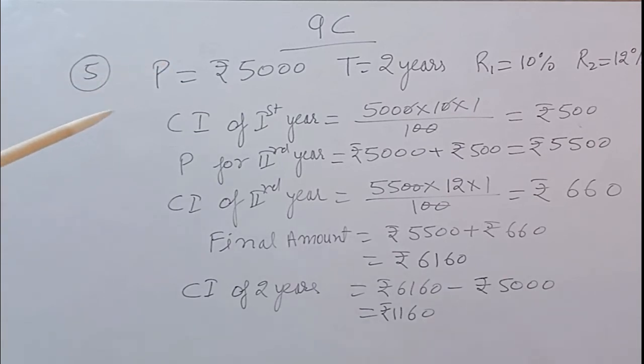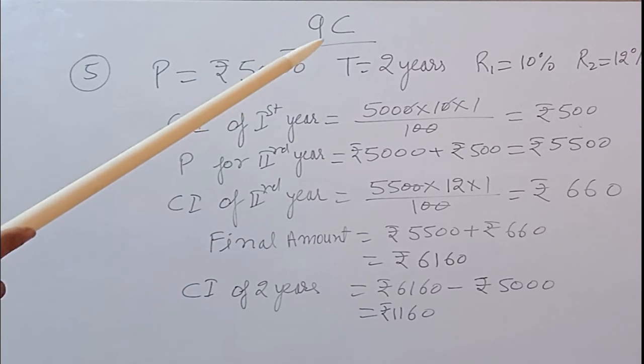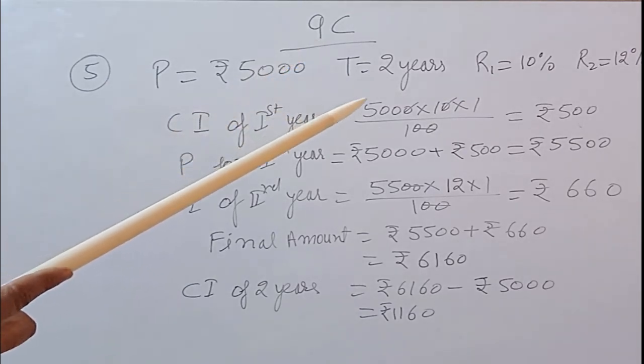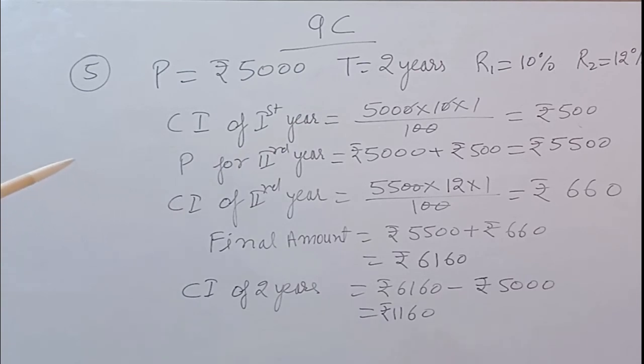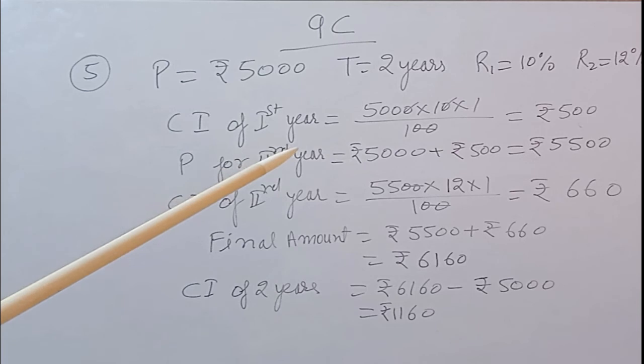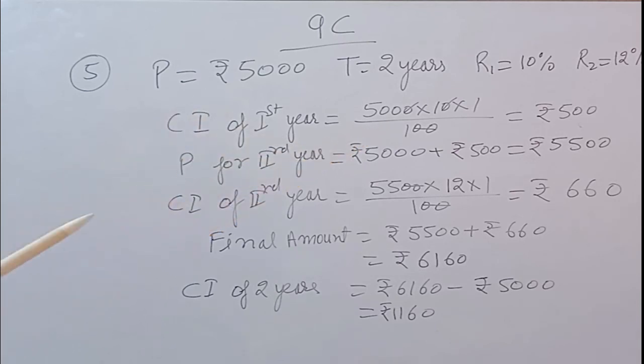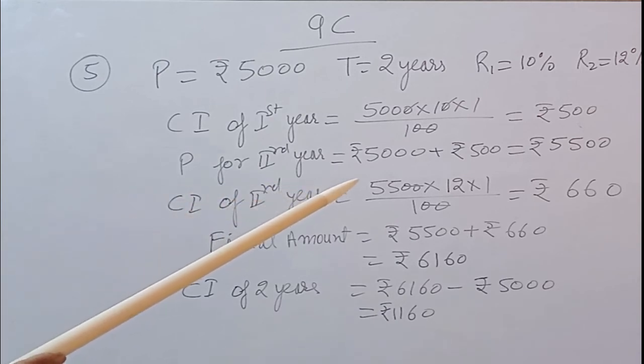So CI for the first year equal to 5,000 into 10, as the rate of interest for the first year is 10. So 10 into 1 upon 100, that is rupees 500. Now principal for the second year will be 5,000 plus 500, the compound interest of the first year, so 5,500. Now CI for the second year equal to the principal of the second year into the rate of interest of the second year, that is 12 into 1 upon 100, that will give 660.